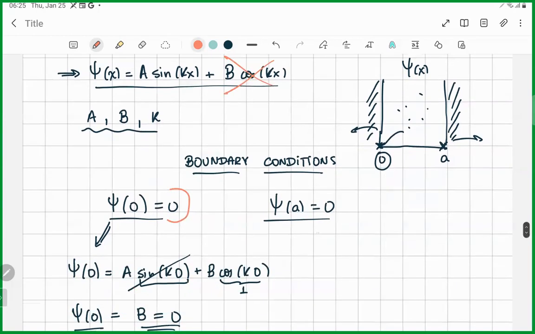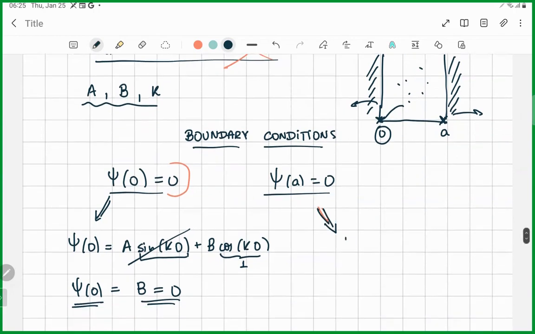Let's now check the other boundary condition, which is this one. Okay, so again, let's rewrite the function at point a, and now we already know that the cosine does not exist. The only thing that survives here is big A sine of k little a.